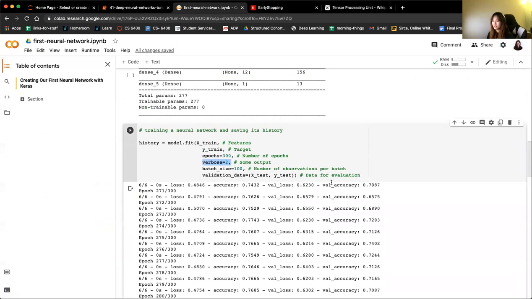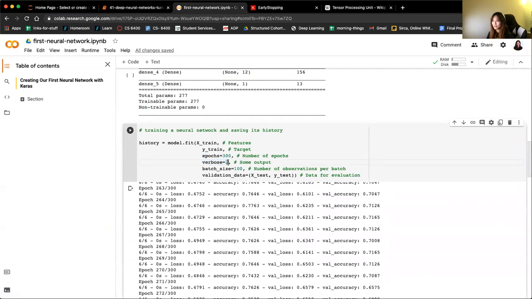If I have verbose equals 2, it's going to print out everything. If I do verbose equals 0, it's not going to print out a single one, or it might print out every few. That's something you can also edit. I forget off the top of my head where, but you can put a line somewhere to say, only tell me the result every 10 epochs, for example. Okay.